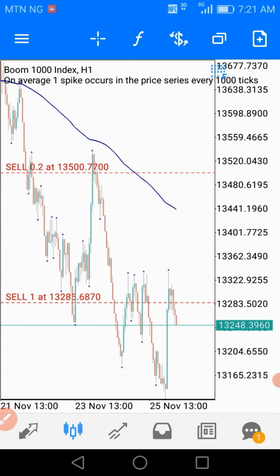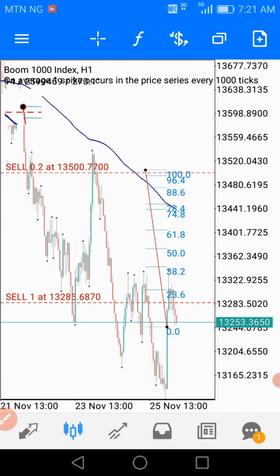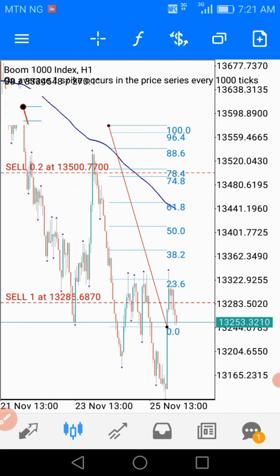Now you can't change the setting from that place that I just showed you. You just have to bring it down to the chart. Already I have my settings there. But you can't change the setting from there. So when you bring it to the chart this way, I'm using a phone.